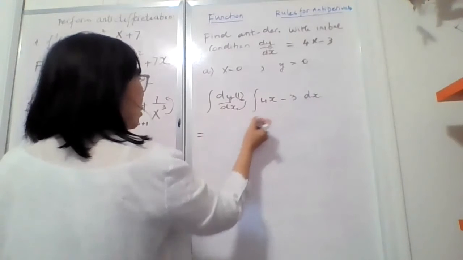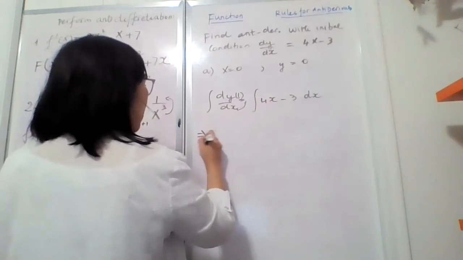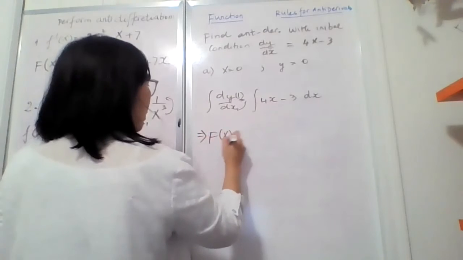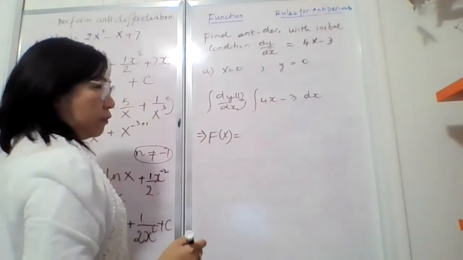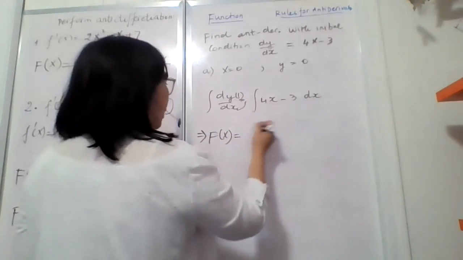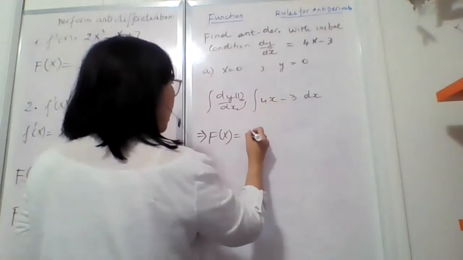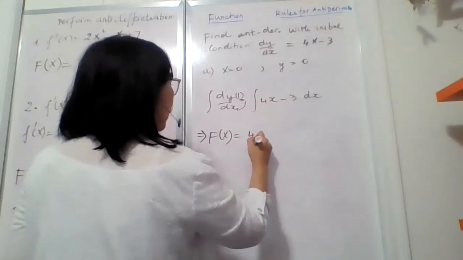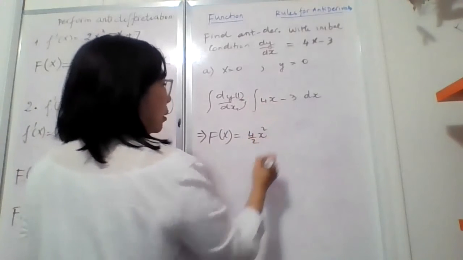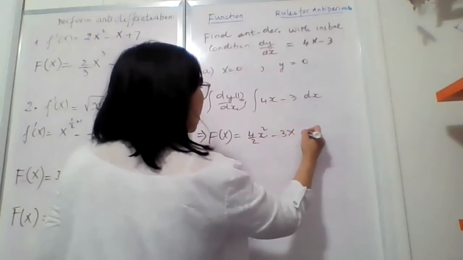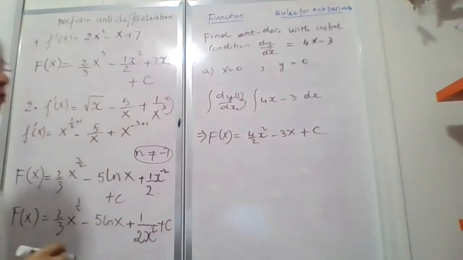So this will be equal. Let's put in our big capital F, which is the original function, right? After we do the integration, which is antiderivative, this will become 4 divided by 2 x squared minus 3x plus c, right?